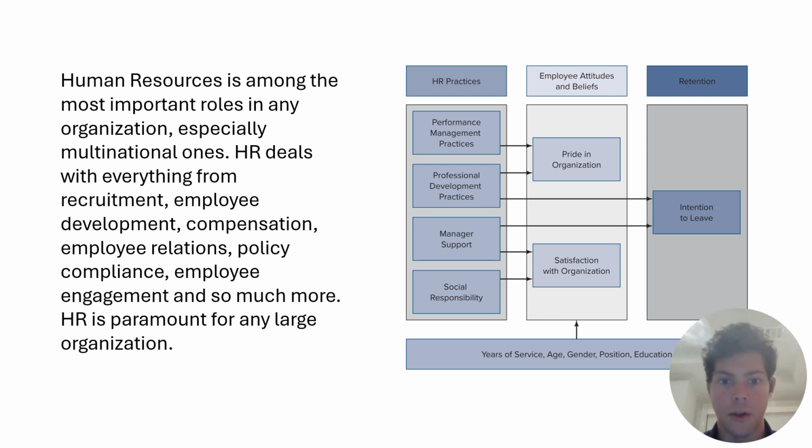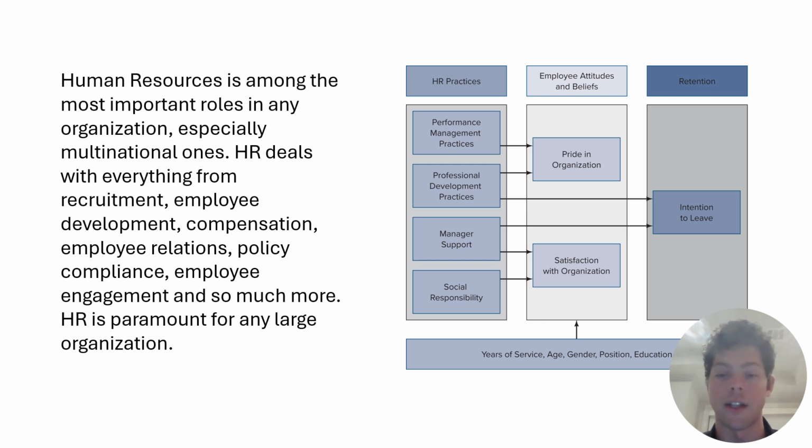Okay, so human resources is among the most important roles in any organization, especially multinational ones. Human resources deals with everything from recruitment to employee development to compensation and benefits to the employee relations, policy compliance, employee engagement, and so much more. Human resources is paramount for any large organization.